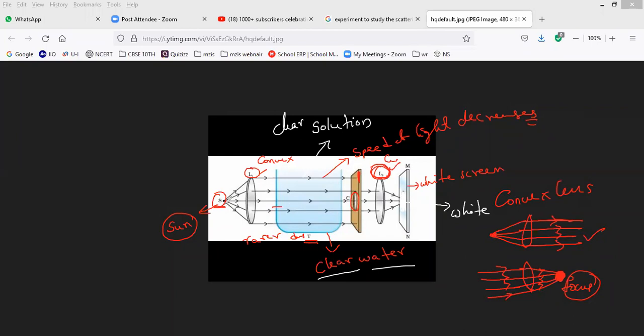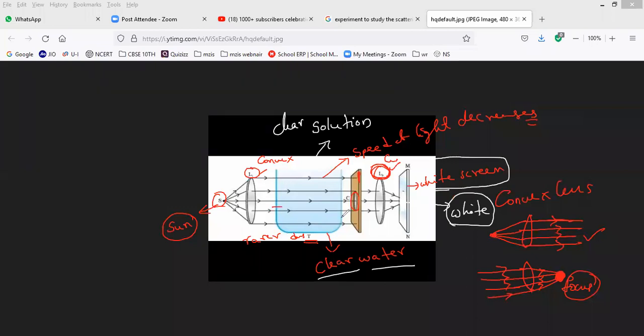That is why the sunlight is white in color. The same white color patch is forming on the screen. Understand, guys? Yes, that is what will happen.